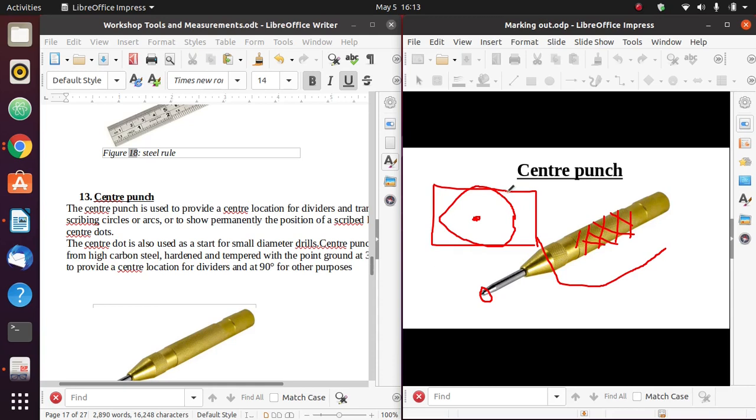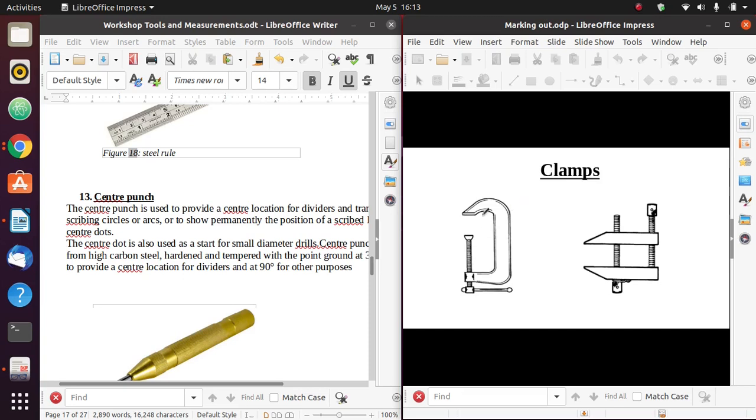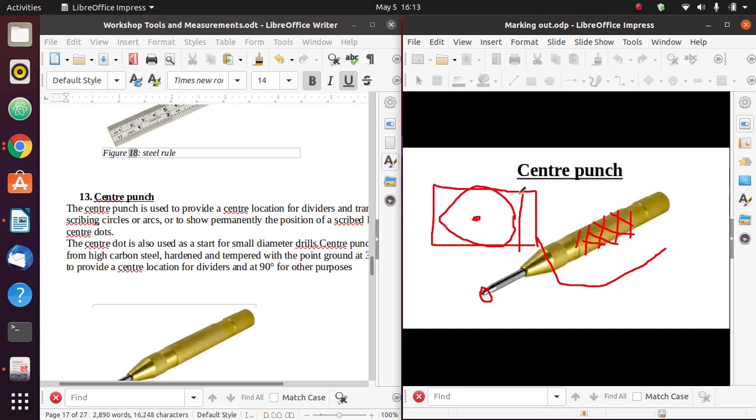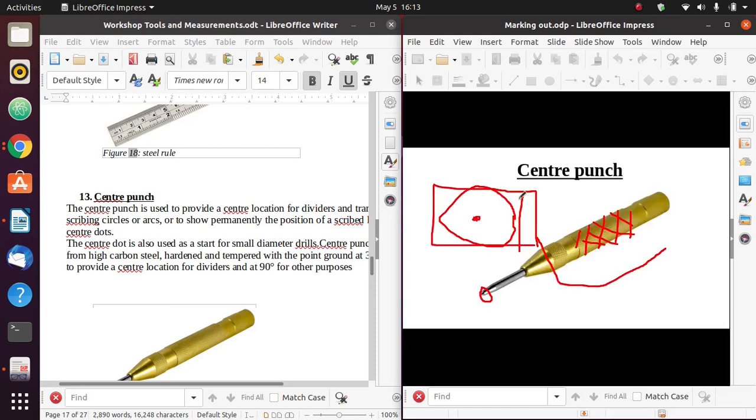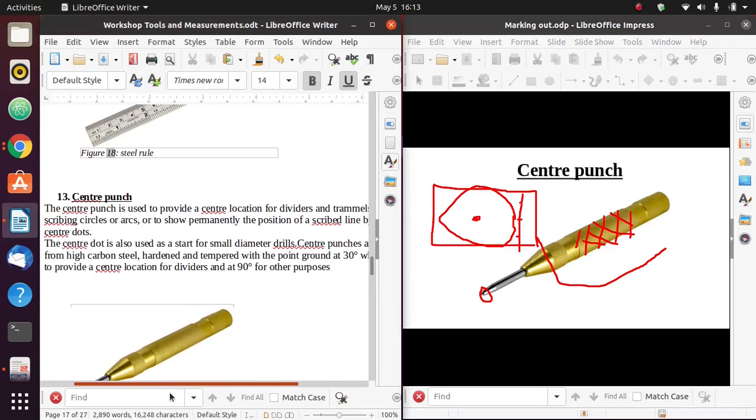If I want to draw a line across the workpiece, and I want to permanently denote this line, then I can use a center punch and hit along this line. I hit there. This will now be able to permanently show the position of this line on that workpiece. So that is what we use a center punch for.